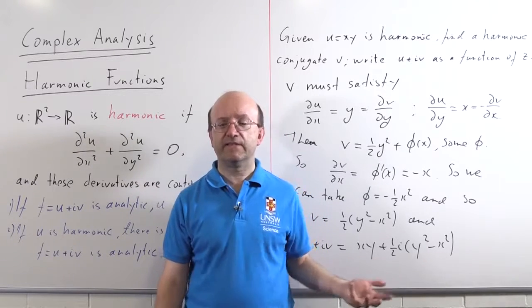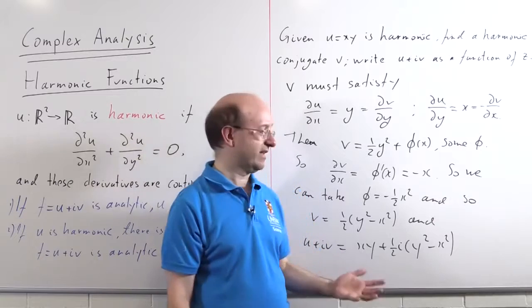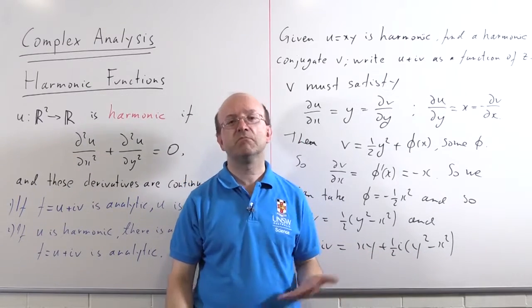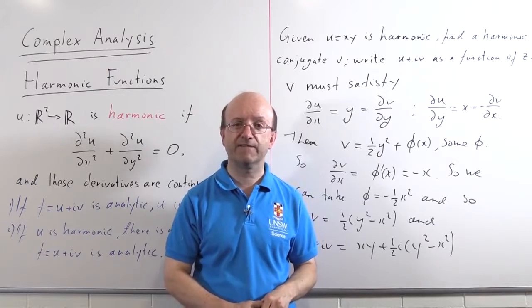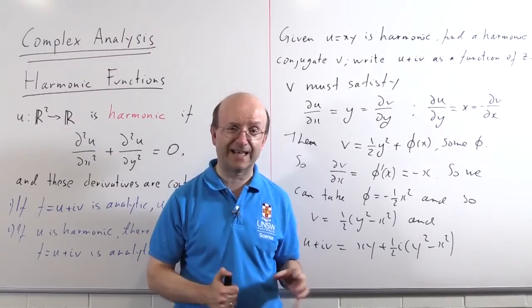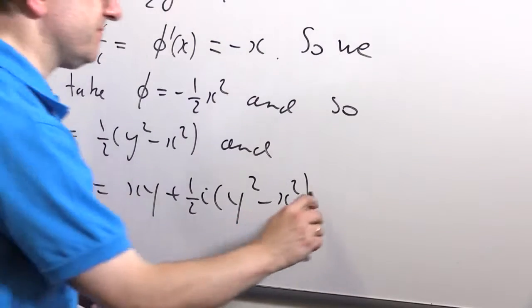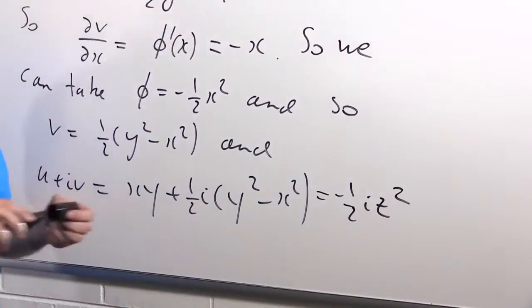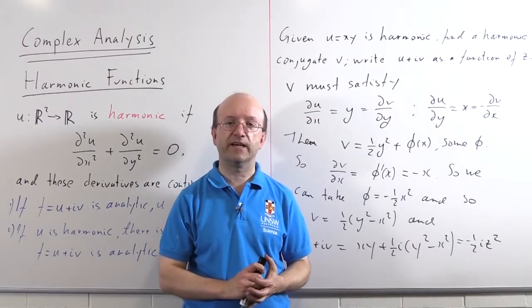Right? And that, in fact, is the correct answer. Analytic continuation tells you that that would work. You set y to be 0, change x to z, and that's the correct analytic function. And that will work for every analytic function, but only because it's analytic. So what we get out here is minus 1/2 i z squared.